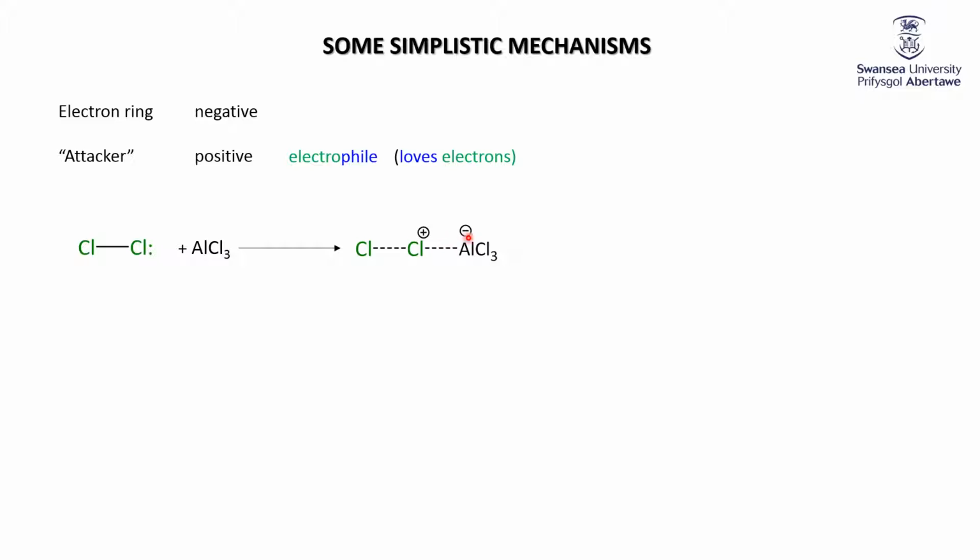Now, because this is an electron pair leaving the chlorine to some extent, it leaves the chlorine a little bit positive, and because it's coming to the aluminium, the aluminium starts having more electron density, and we think of it as being slightly negative. Now the result of that is that this chlorine's losing some of its electron density to the aluminium, so it says to its chlorine friend over here, hey, how about I have a little bit more electron density from our bond, which means that this chlorine starts becoming a little bit positive.